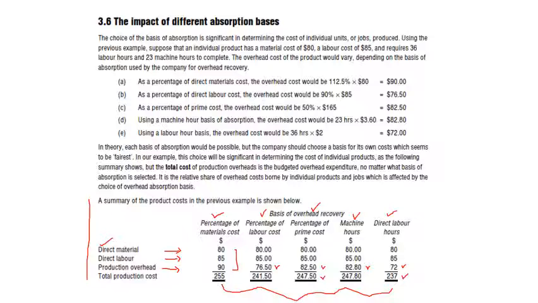And if your product cost is undercost and your price is underpriced based upon that cost, what will happen? You would not be able to meet your expenses. So therefore, you should have a better knowledge when we are choosing the basis of our product cost.